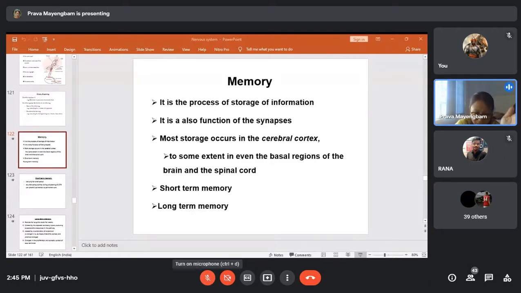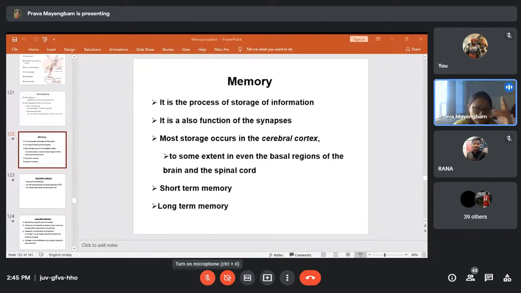But what will happen if you keep reading about this memory 2 times, 3 times, 4 times, and you still remember it in the exam? That has converted to long-term memory. And even after 10 years, 20 years, if you still remember my lecture that ma'am told that memory is of 2 types, short-term and long-term, then it is long-term memory.